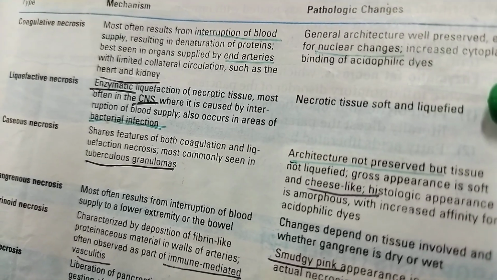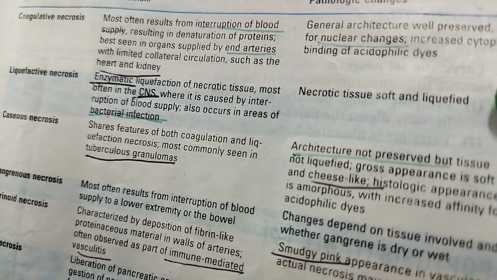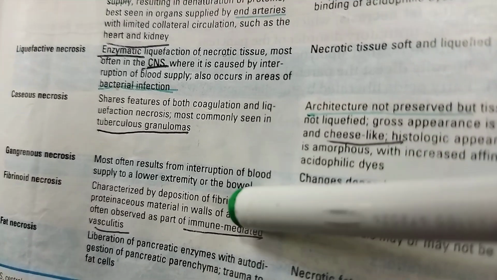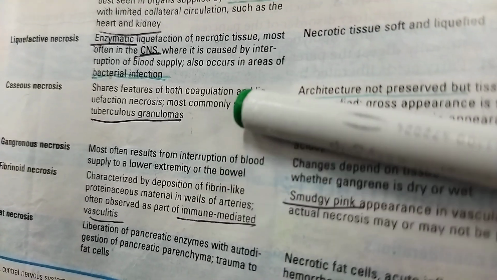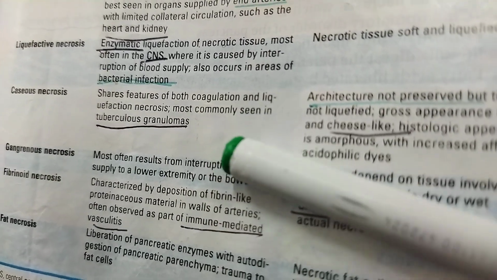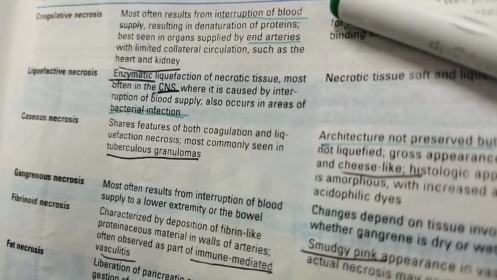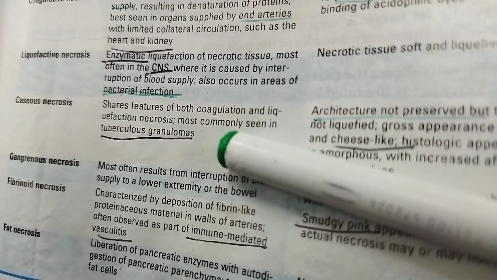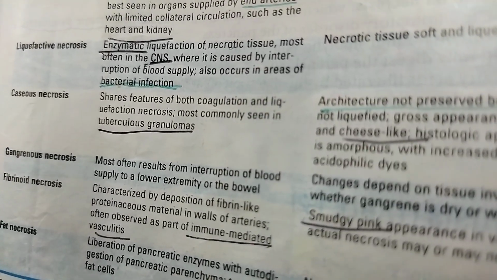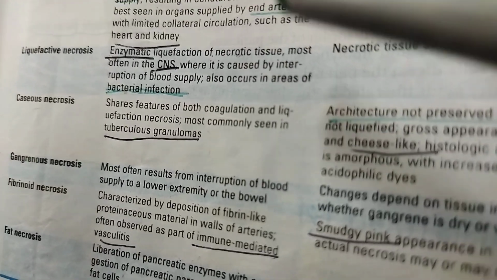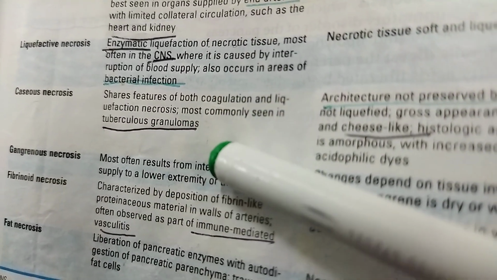Pathologic changes: necrotic tissue is soft and liquefied. Caseous necrosis is a characteristic feature of both coagulative and liquefactive necrosis. Okay, caseous necrosis shares features of both coagulative and liquefactive necrosis. Most commonly seen in tuberculous granuloma. It is another MCQ.